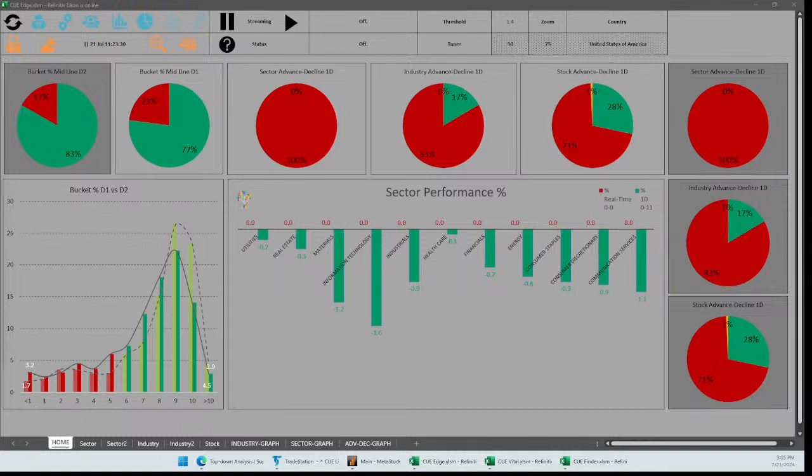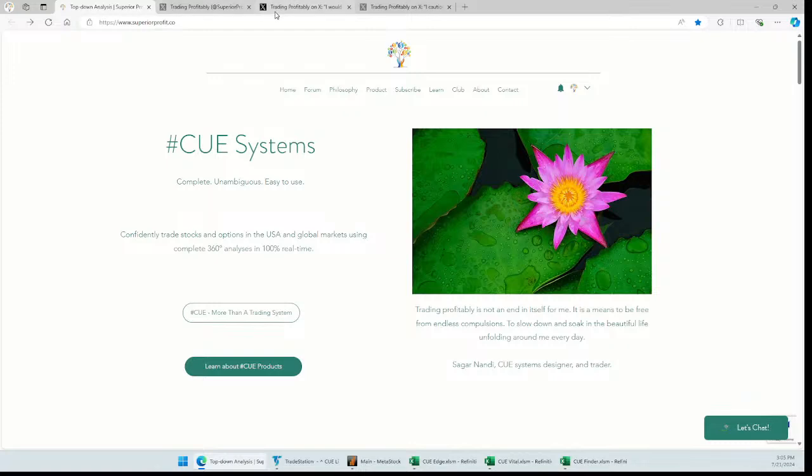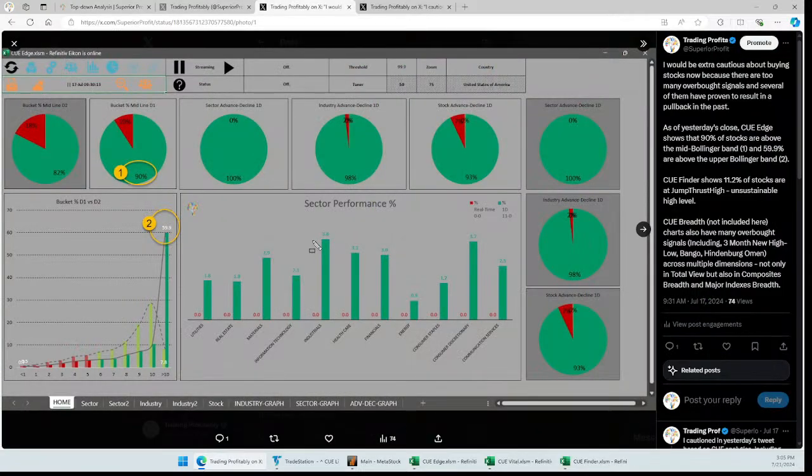I explained that for bucket analysis, and I'd like to share one tweet. This is a tweet I shared as of 16th July's close. So 17th July, just as the market opened. I took some time to cut and paste. So this is as of 16th July's close.